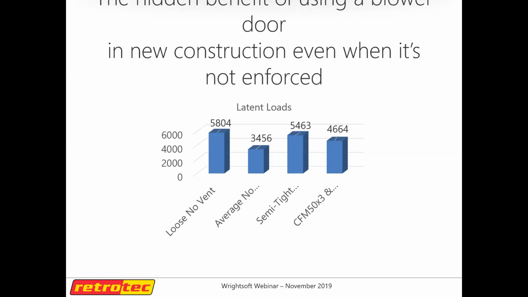But if I use a semi-tight house versus an actual blower door test, I can get almost a 1 pint of water an hour difference in the new construction world. The way that happens is, assuming you live in an area where the code enforcement is not crazy strict, but they're actually enforcing most of the codes on the books. In some areas that might not be the case.